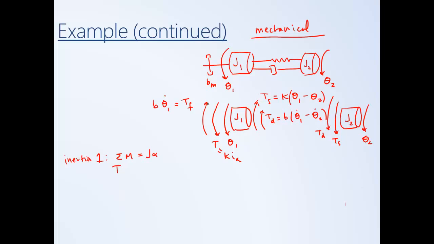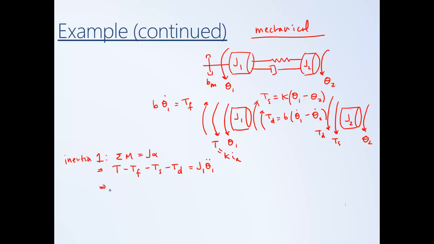We have the frictional torque in the opposite direction, and then we also have the spring torque and the damper torque in the opposite direction. And it's equal to J times angular acceleration, where the rotational inertia in this case is J sub 1, and the angular acceleration is theta 1 double dot.